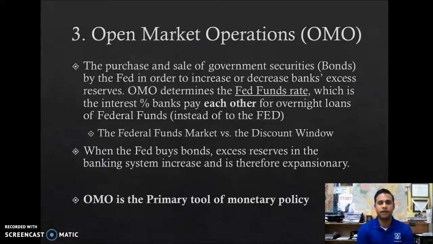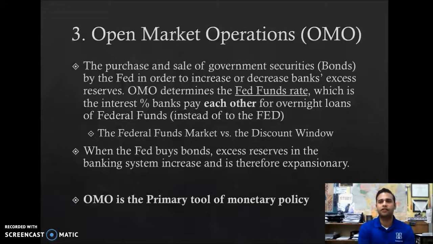The Fed can't tell Bank of America how much to charge Chase for a loan. So the Fed targets a Fed funds rate. So how do they reach that target? Well, they use open market operations to figure that out. And so if we go back through our definition here, the purchase and sale of government securities, buying and selling bonds by the Fed in order to increase or decrease banks' excess reserves.